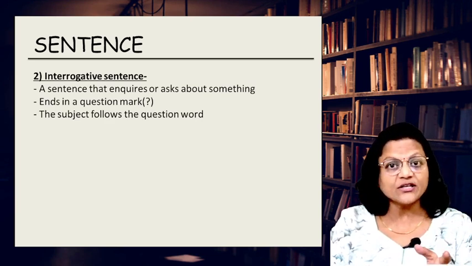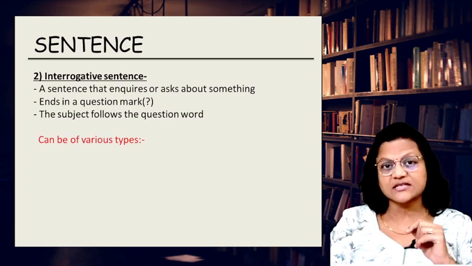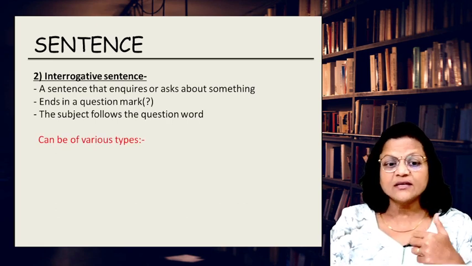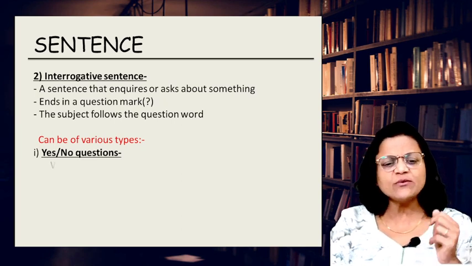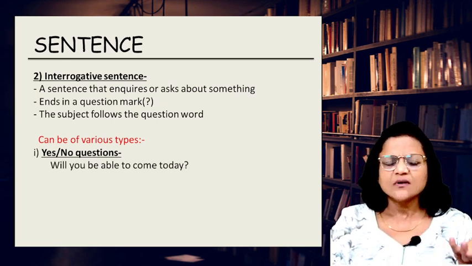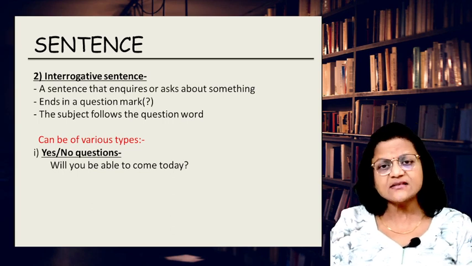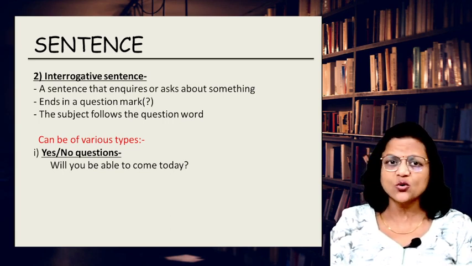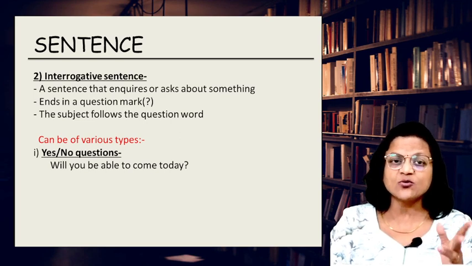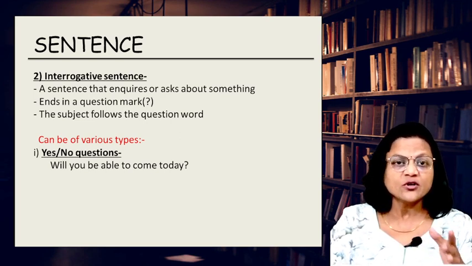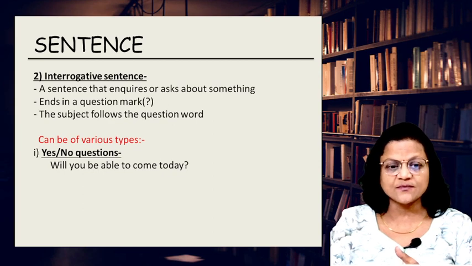Questions or interrogative sentences can be of various types. Number 1, yes or no questions. Example, will you be able to come today? Precisely the answer is yes, I'll be able to come, or no, I will not be able to come. So this type of sentences where only two answers are possible, we call yes no questions.